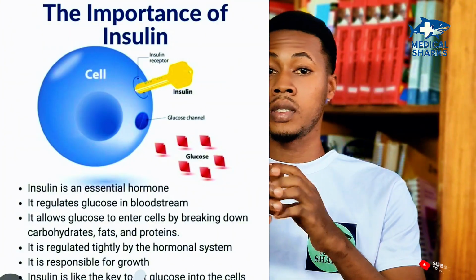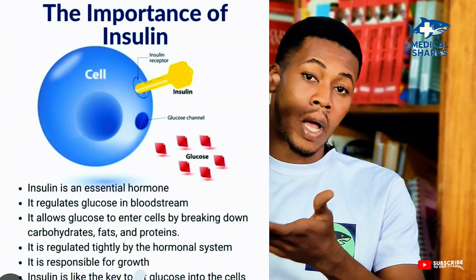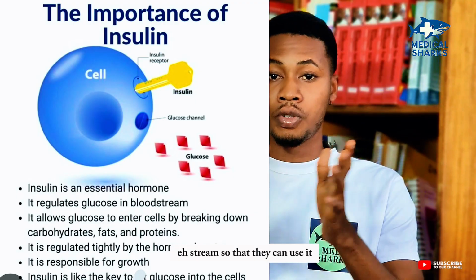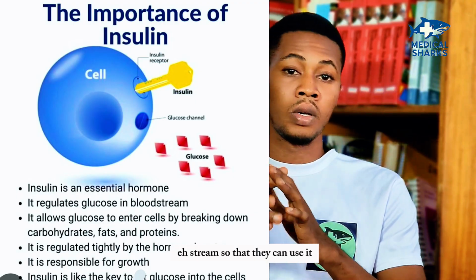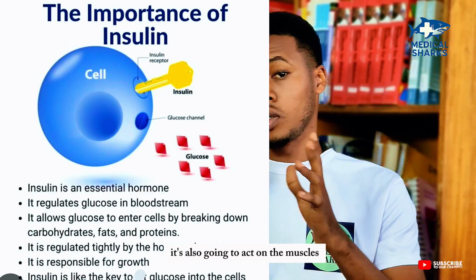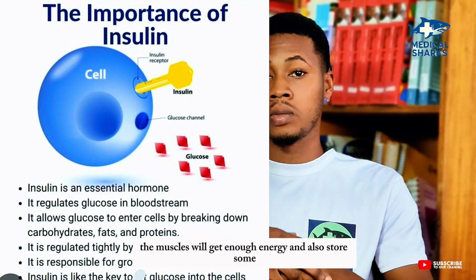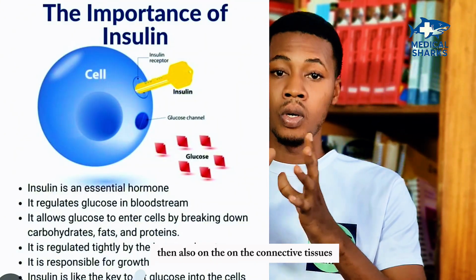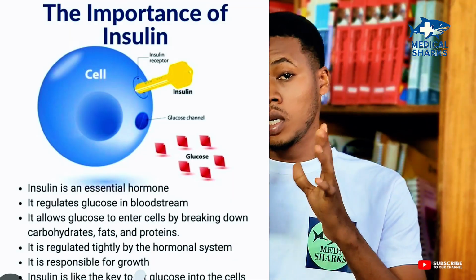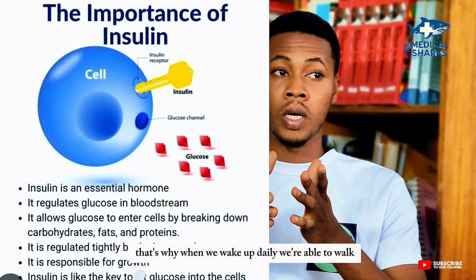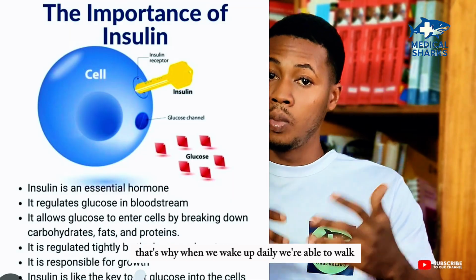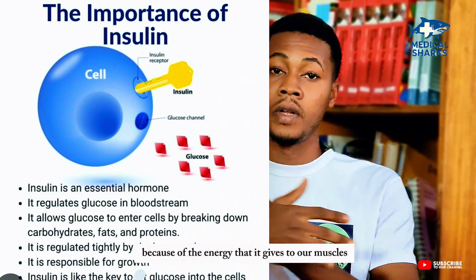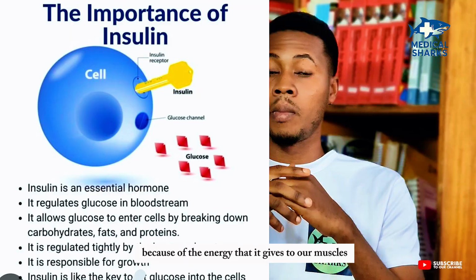They're also going to get some of this high amount of glucose within the bloodstream, so that they can use it. It's also going to act on the muscles. The muscles will get enough energy and also store some. Then also on the connective tissues. It's because of this insulin that when we wake up daily, we're able to walk, go about our daily activities, because of the energy that it gives to our muscles.